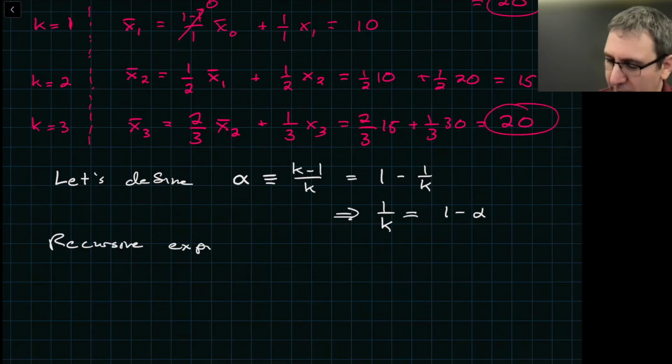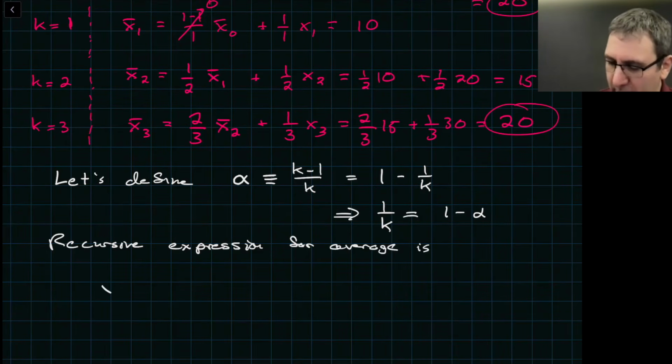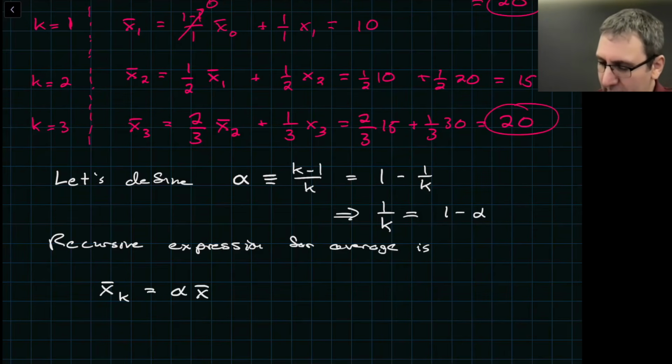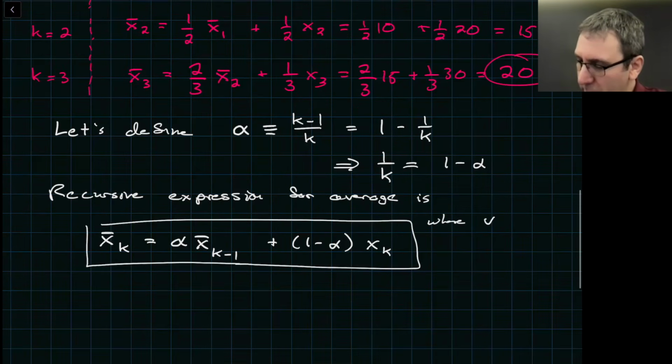So the recursive expression for the average, we could write it this way: X bar K equals alpha times the previous average, X bar K minus 1, plus 1 minus alpha times XK, where alpha is K minus 1 over K. This thing is called the average filter.